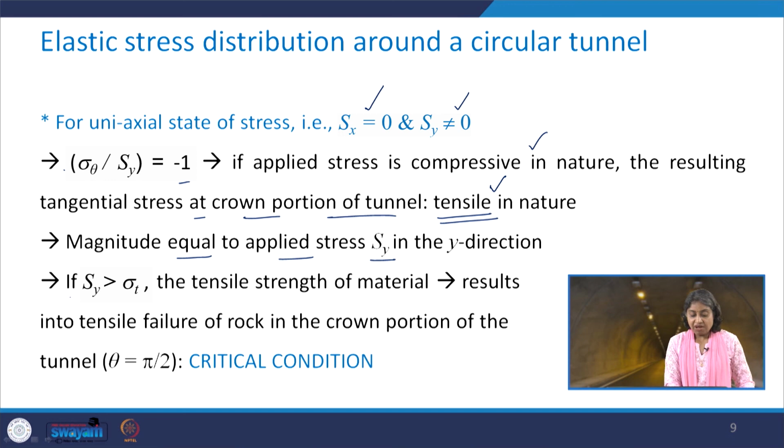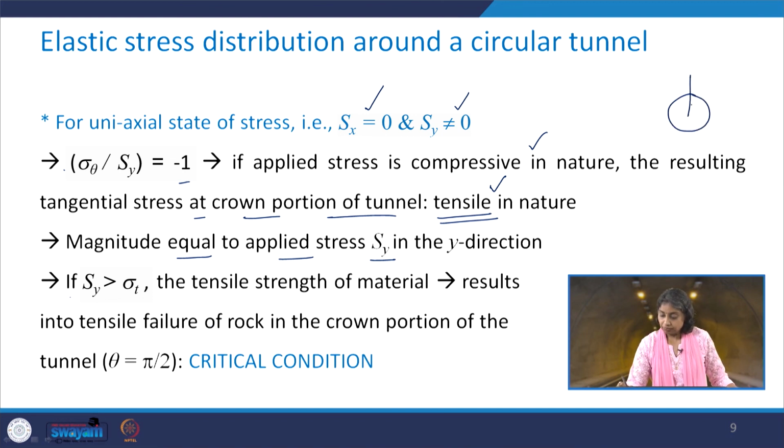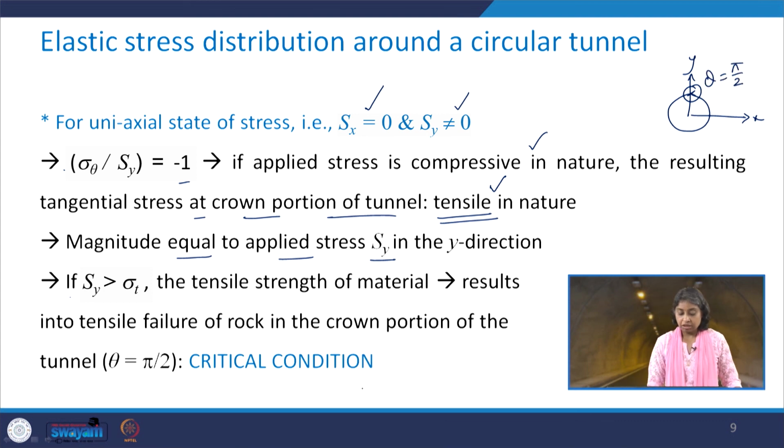If Sy is greater than sigma t, which is the tensile strength of the material, what will happen? This will result in the tensile failure of the rock in the crown portion of the tunnel, which is this position. This is y axis, x axis, and this is the crown position where theta equal to pi by 2.